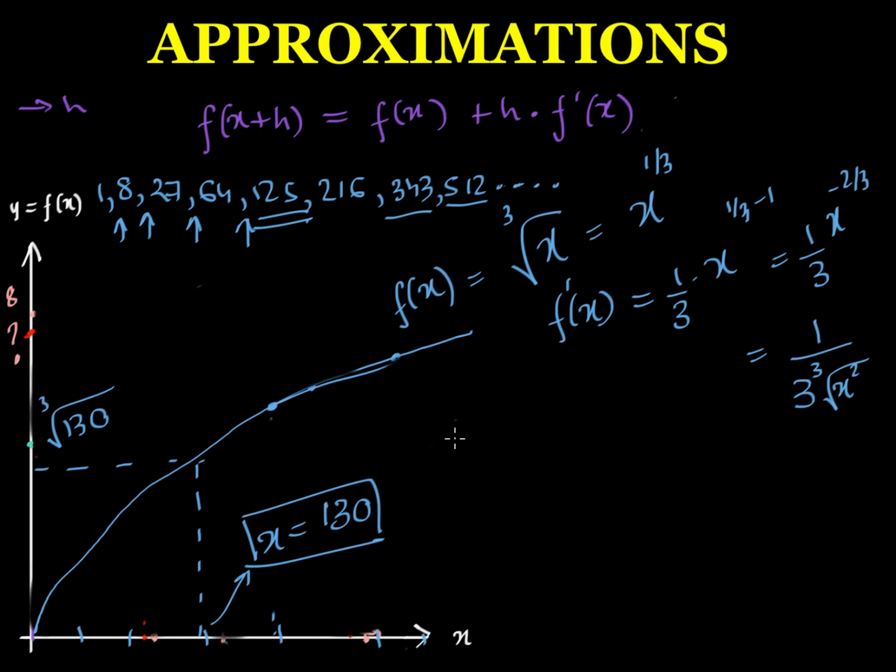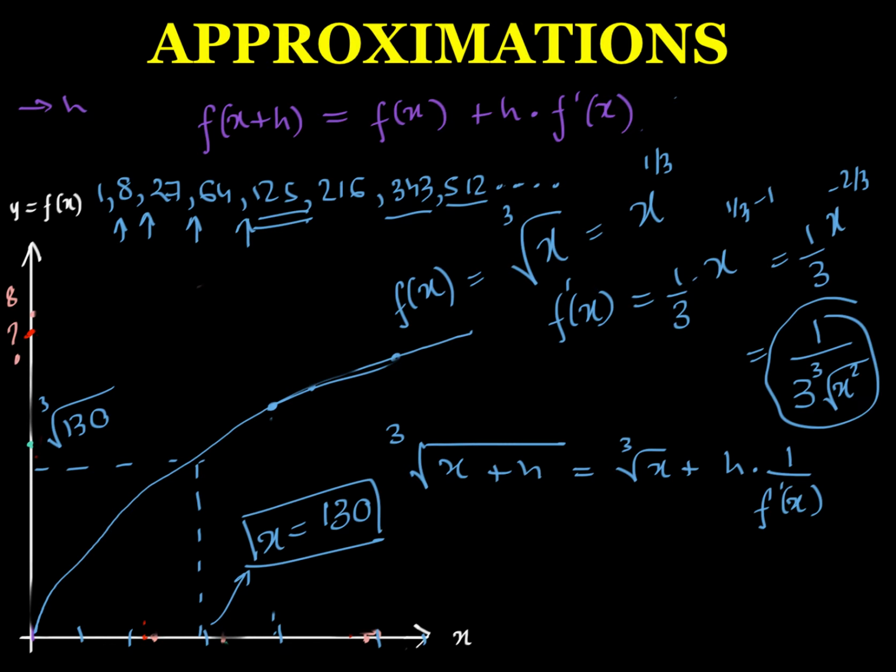How awesome is that, right? Because if you have a value near that, we can actually find the cube root, because we can make a rough approximation. So we know the cube root function can be written as cube root of x plus h is equal to cube root of x plus h times 1 by f dash of x, which is this value over here.